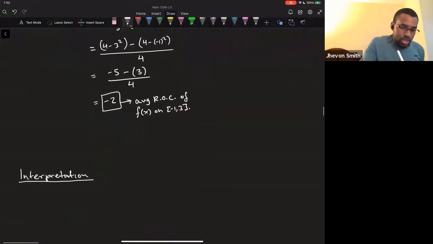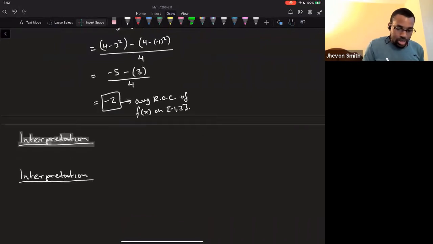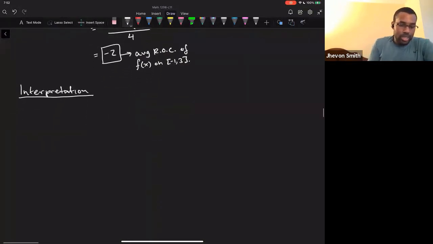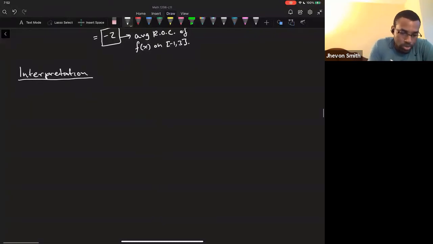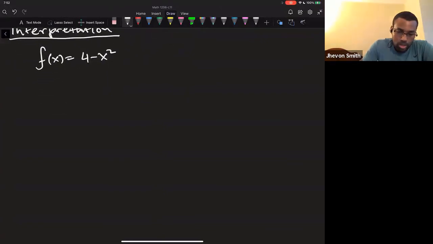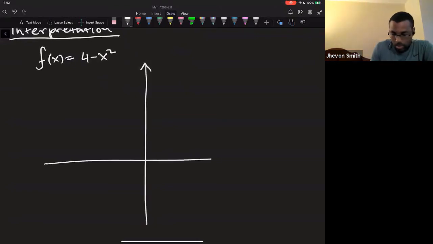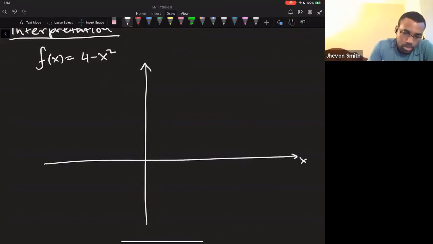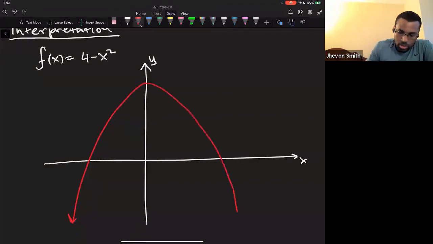Now, the interpretation of this number, as I mentioned, it's the average rate of change. It tells you how the function will change. So if here I look at my f of x equals, I think it was 4 minus x squared. Okay, so let's say I had this picture here. Suppose that is 4 minus x squared.